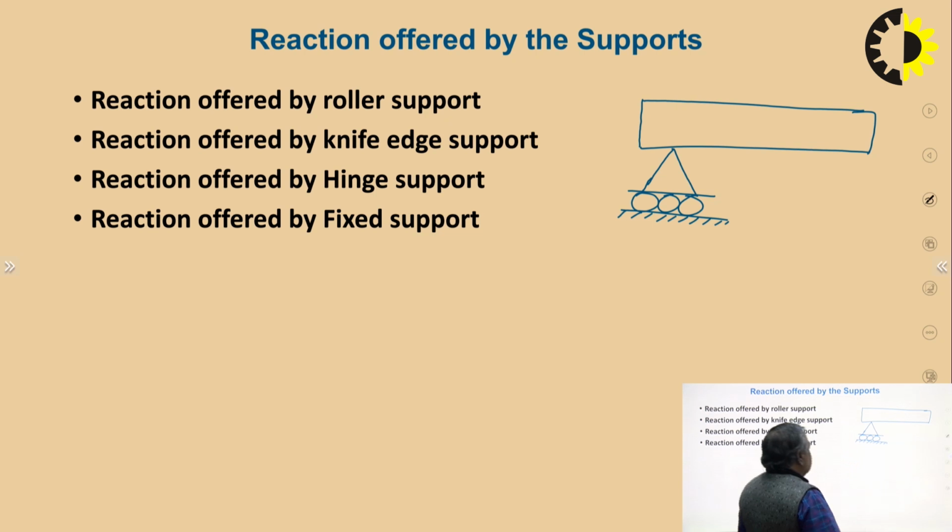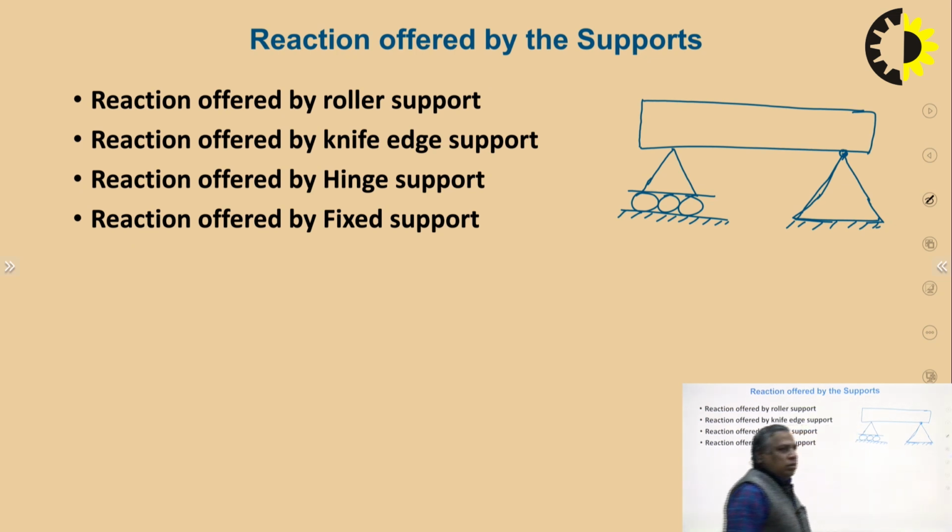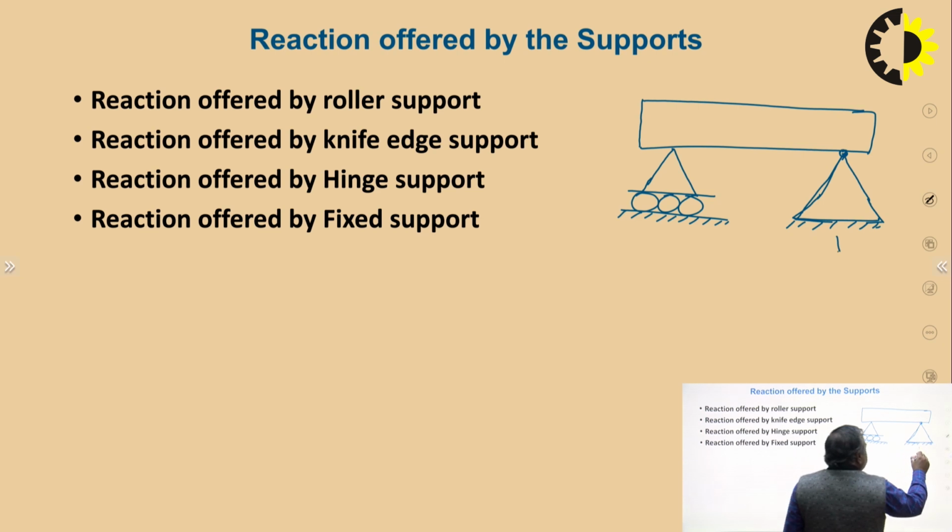This is always having rollers. It is known as roller support. And this is a triangle, and here a small circle. It is hinge support.